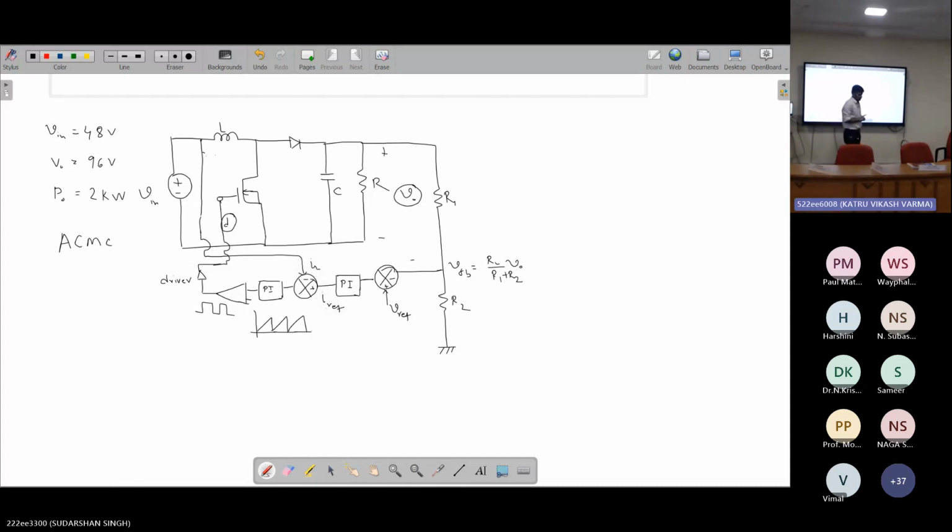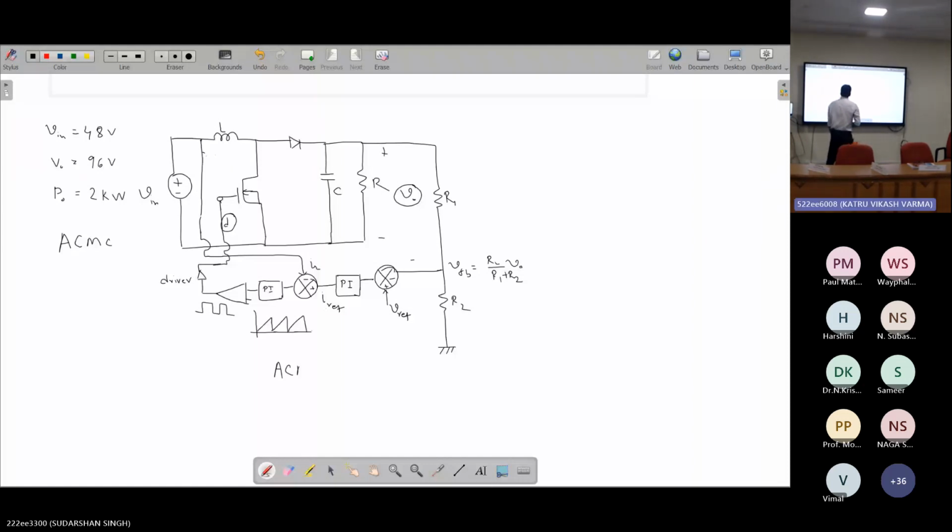So the transfer functions that we require are IL by D for the inner loop controller and V0 by IL for the outer loop PI controller. That I will discuss when we design the controller. So this is the ACMC, average current mode control technique.